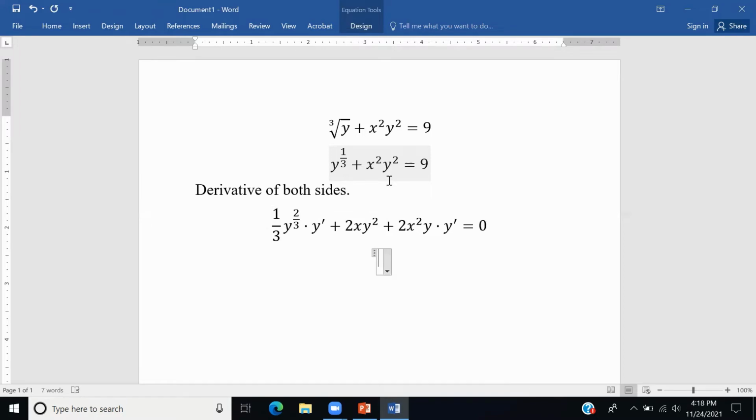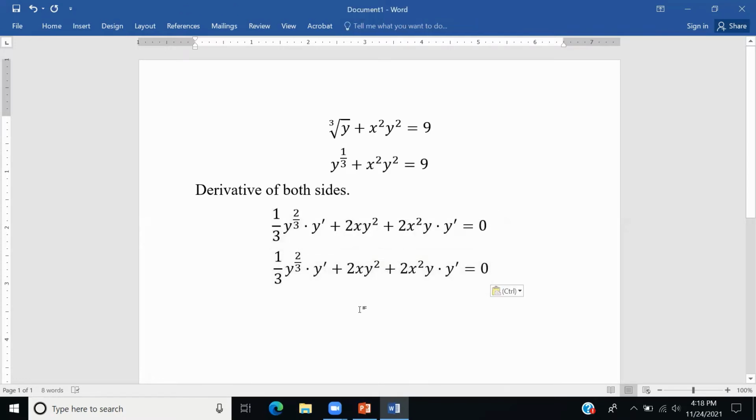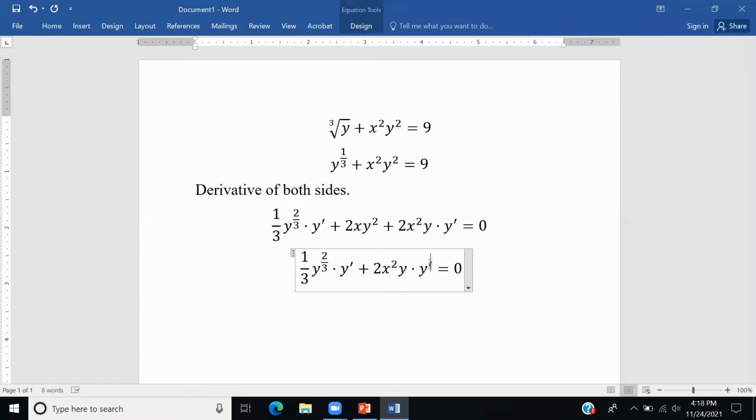Now I go through the same steps that I've done a number of times before. I'll get all of the terms without a y prime on the right side and all of the terms with a y prime on the left side. The easiest way to do that in this case is to subtract 2xy squared from the left-hand side and then subtract 2xy squared from the right-hand side as well.